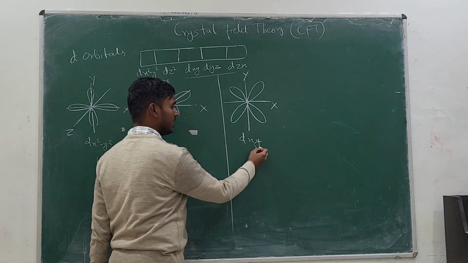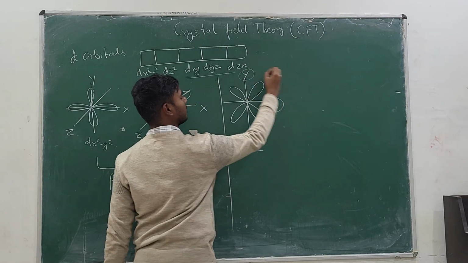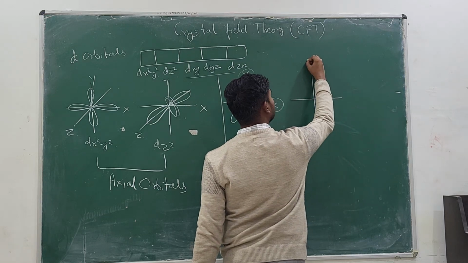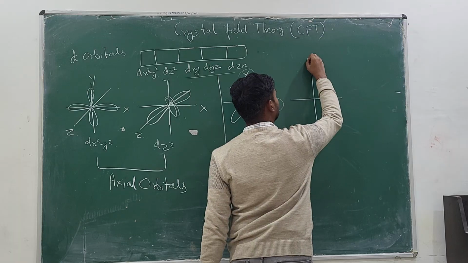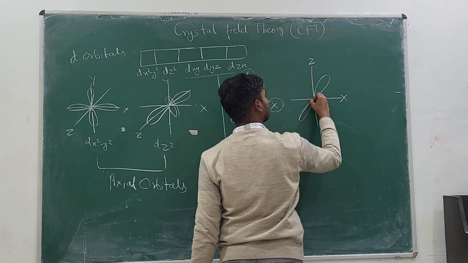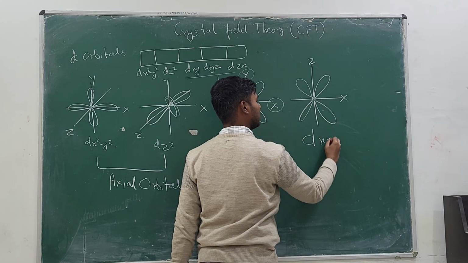As the name suggests, xy, it is between the x axis and y axis. Similarly, if we let this one be our z axis and this one our x axis, then this orbital is our dxz.